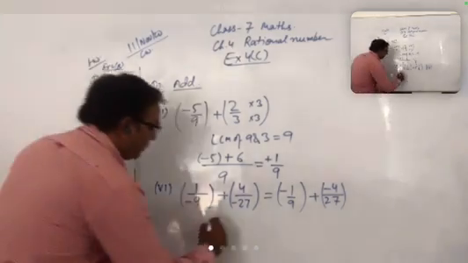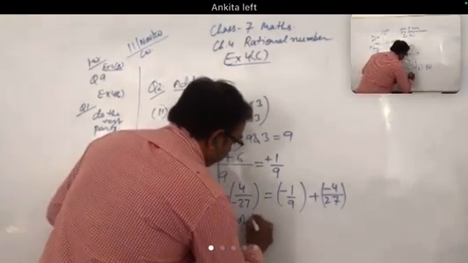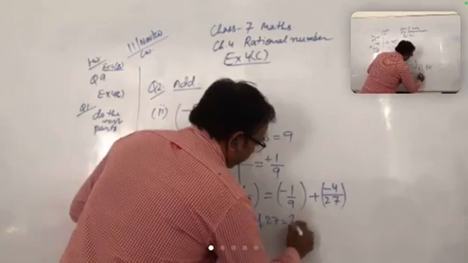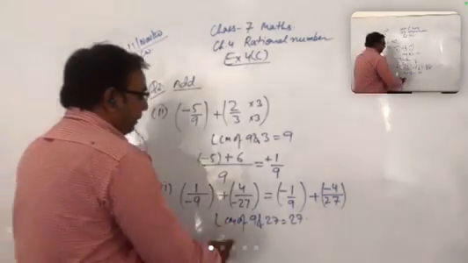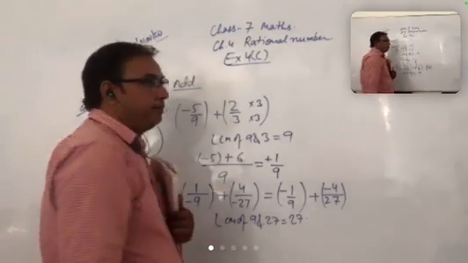Now check. The LCM of 9 and 27 is equal to 27. What is the full form of LCM?